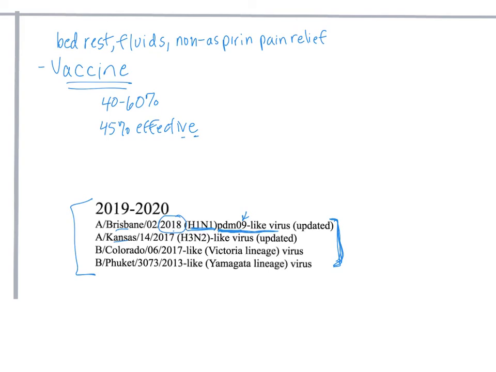It's very safe. There is about a 1 in 100,000 chance of the serious complication of Guillain-Barré syndrome. That can be a complication of any viral infection as well. But again, 1 out of 100,000 people who get the flu shot can get this. It's a kind of weakness and sensory loss due to the demyelination of peripheral nerves.